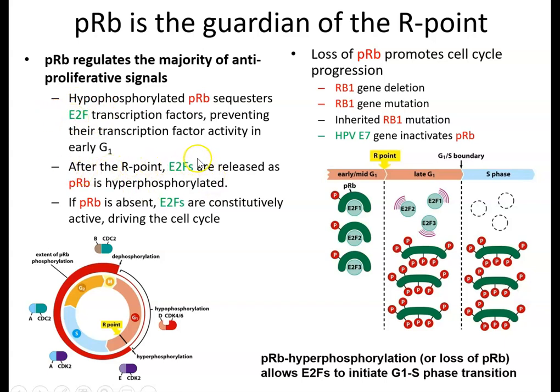After the R point, the E2Fs are released because PRB is hyperphosphorylated, and that hyperphosphorylation is via cyclin D activating cyclin-dependent kinase 4 and cyclin E activating cyclin-dependent kinase 2. They will phosphorylate retinoblastoma, and that will cause E2F release.